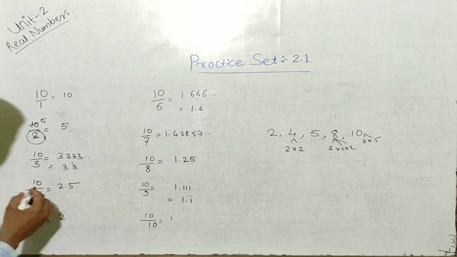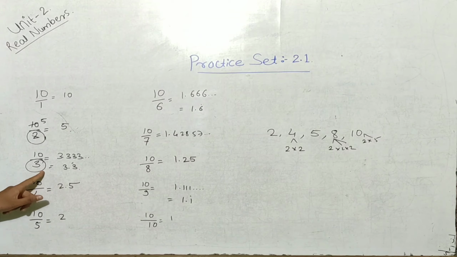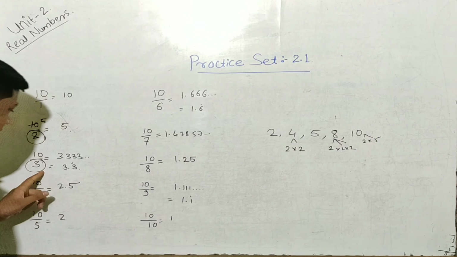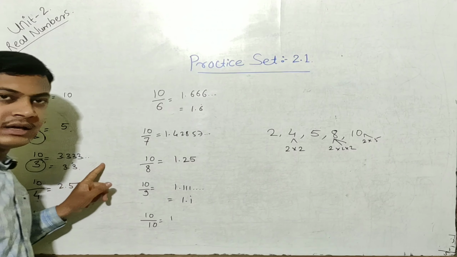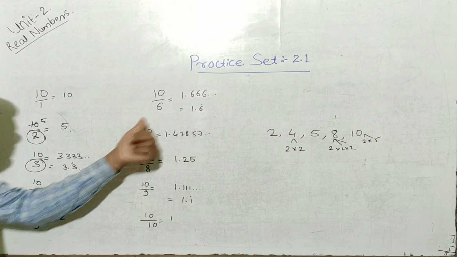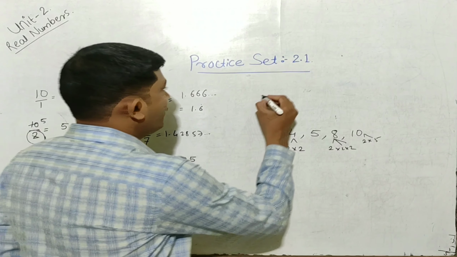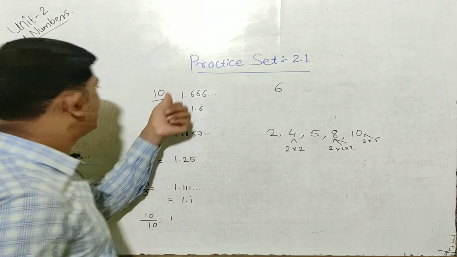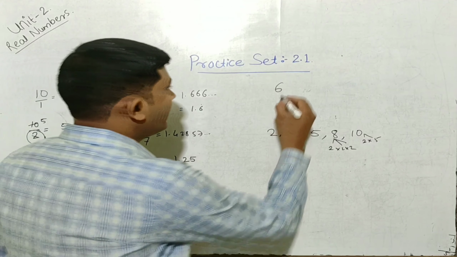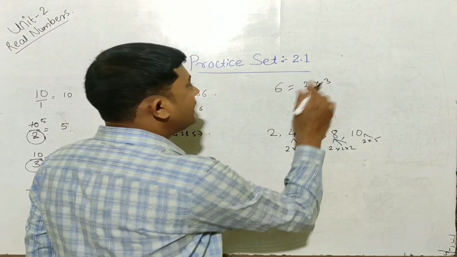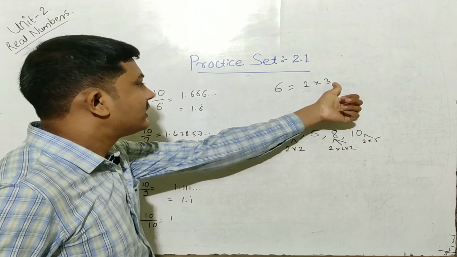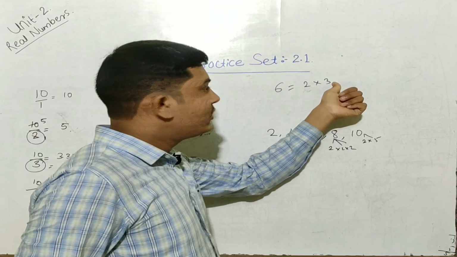Here 3 we have taken as the denominator, so we get a non-terminating recurring term. Again, the denominator has a 6, its prime factors are 2 into 3. Here 2 is there, but as per the condition we require 5.